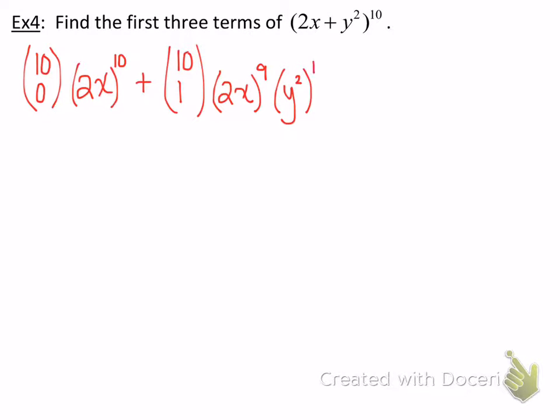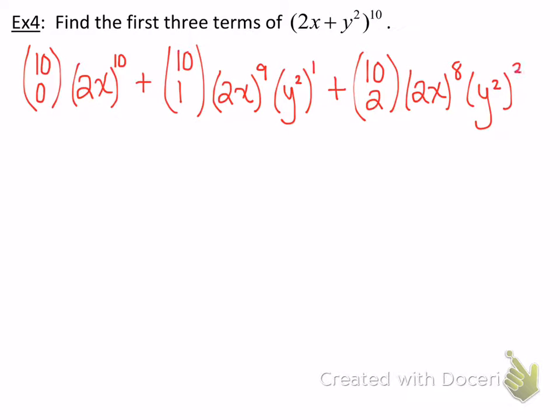Y squared to the first, plus 10 choosing 2, 2x to the 8th, and then y squared to the second. So when we simplify, we get 10 choosing 0 is 1, 1,024.